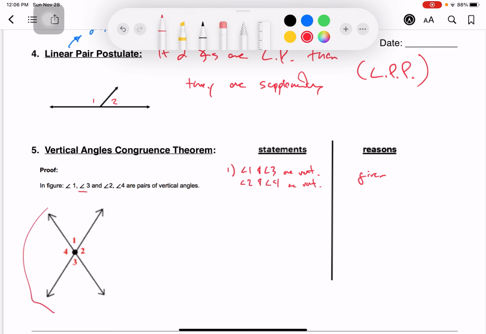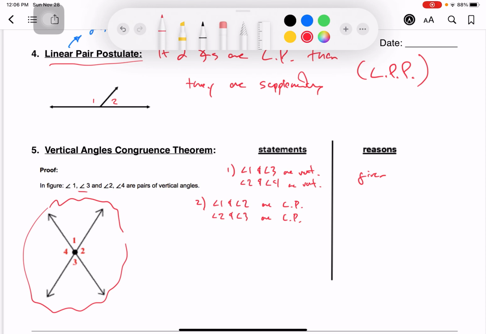Looking at this diagram, anything else I see? I see some linear pairs. So let's go ahead and state those. What are my linear pairs? Let's just say angle 1 and angle 2 are linear pairs, and let's go ahead and say that angle 2 and angle 3 are linear pairs.